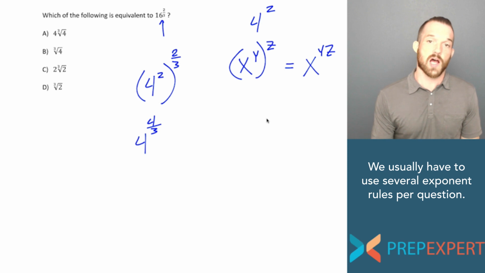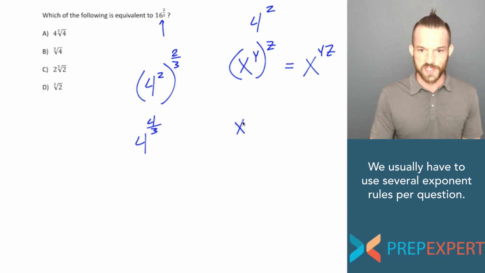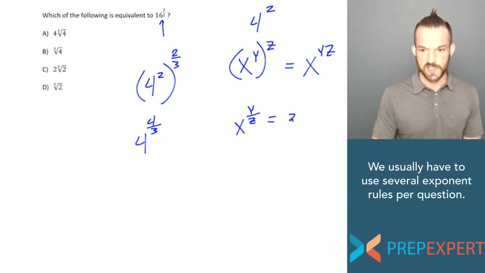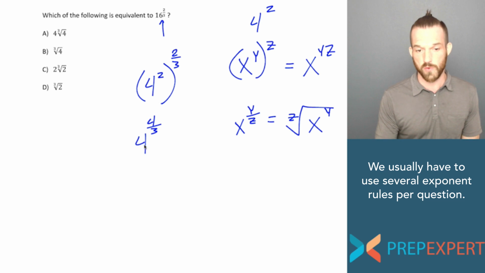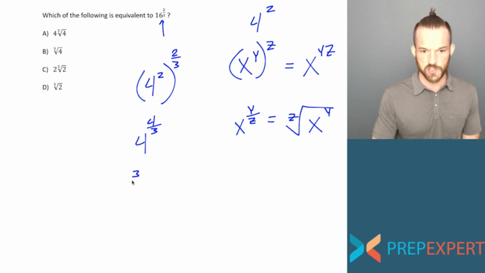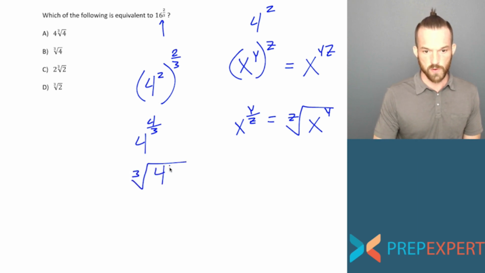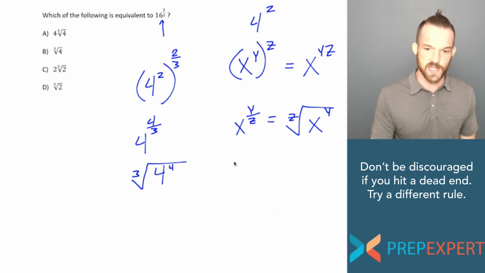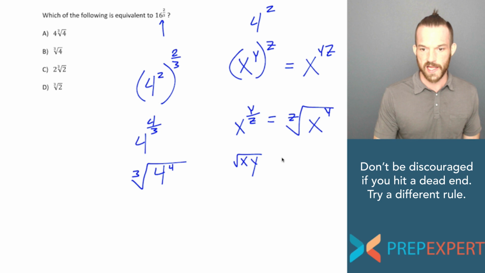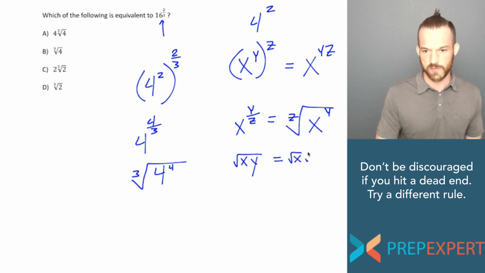Now, I can apply another exponent rule that we just learned, which is that if I have x to the y over z, that's the same as the z root of x to the y. Applying that here, 4 to the 4 over 3 is the same as the cube root of 4 to the 4. Cool, but now there's another exponent rule that we just learned that I could apply, which is this. The root of x times y is equal to the root of x times the root of y.